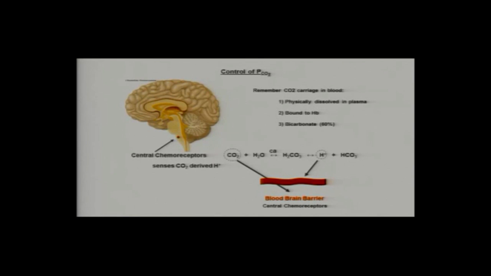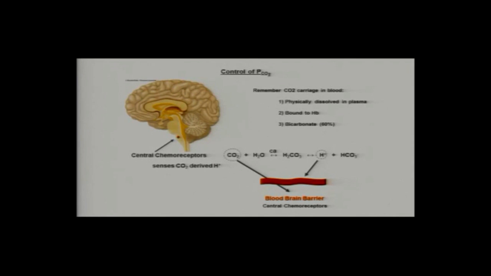Now, the brain, the central chemoreceptors in the brain, the CO2 that's dissolved in plasma easily crosses the blood-brain barrier. Okay? So the CO2 that's dissolved in plasma easily crosses the blood-brain barrier.